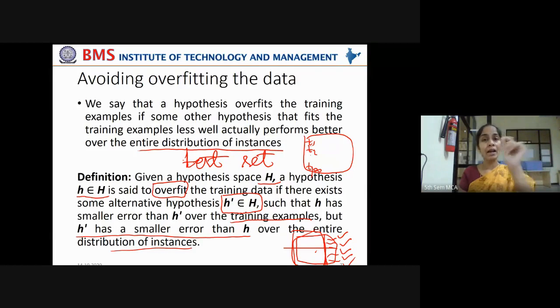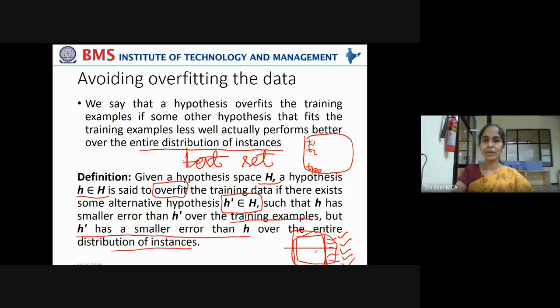If there is another model which is not too good on the training set but performs good on the test set also, then we say that the previous hypothesis is overfitting and our current hypothesis is performing good. In this case, h' is the simpler hypothesis, a simpler decision tree.